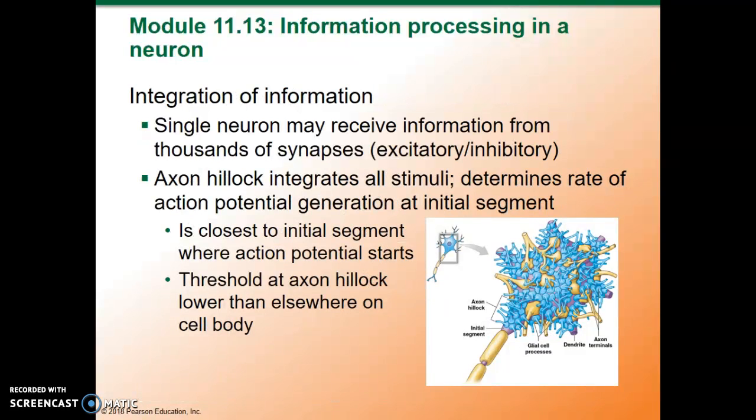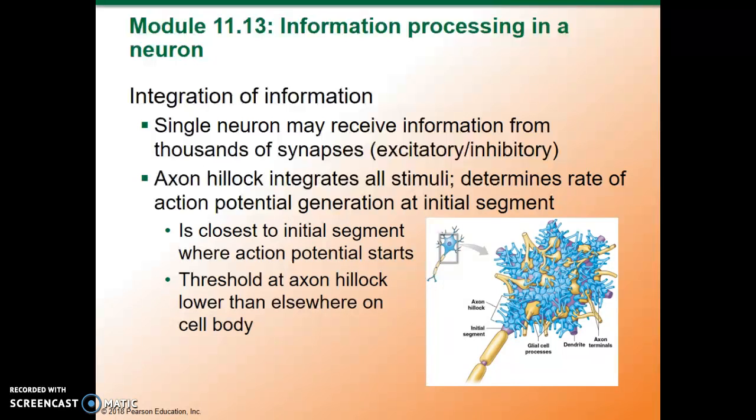This makes a little more sense when you look at the axon itself, or the cell body. You can see all these thousands of axon terminals coming in and synapsing with the cell body and the dendrites.